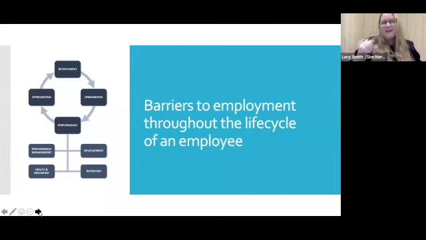I mentioned that slide earlier about the recruitment life cycle of an employee, and there are barriers at every single step of the way: on recruitment, on forms, on the way we write job adverts, on the language that we use. Must be flexible, must be a great communicator, must be able to drive even.